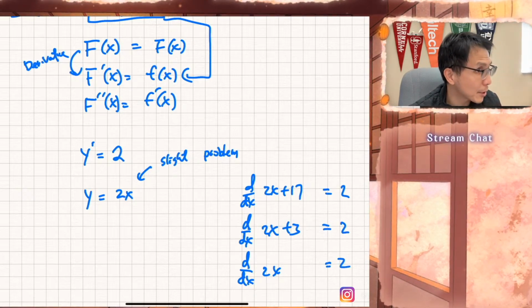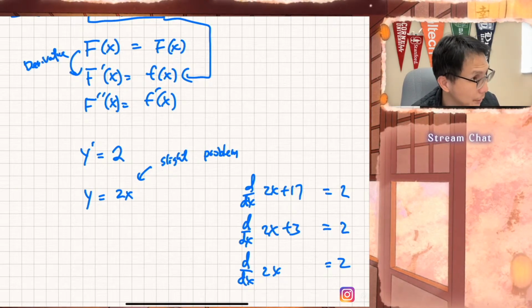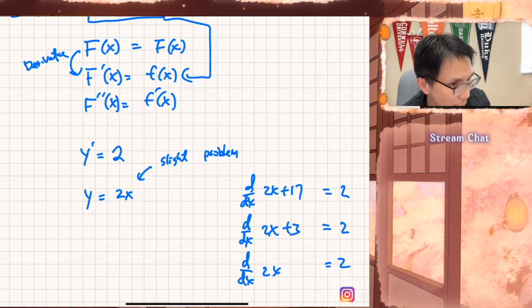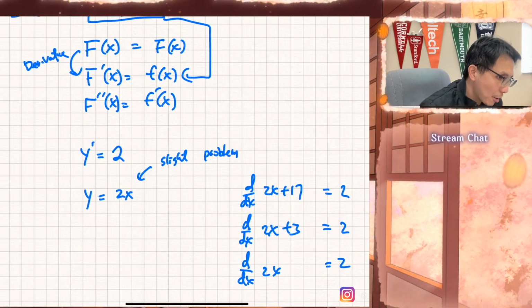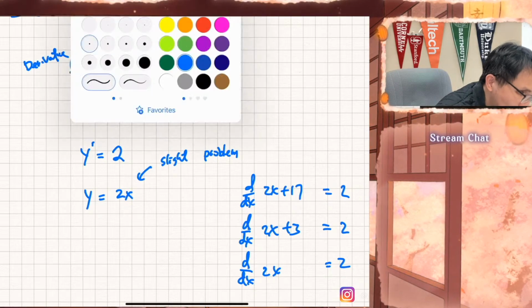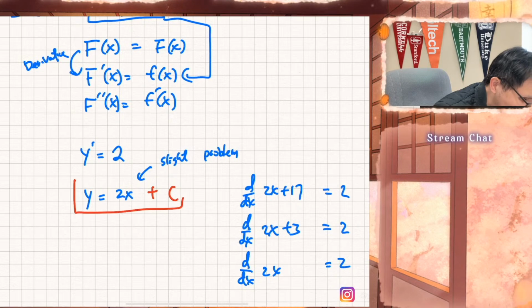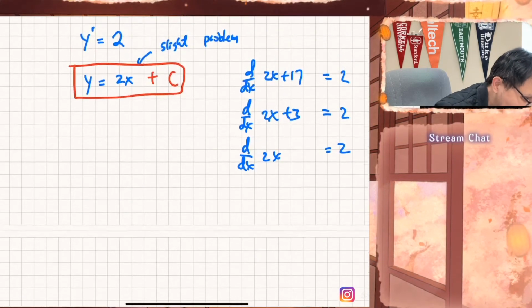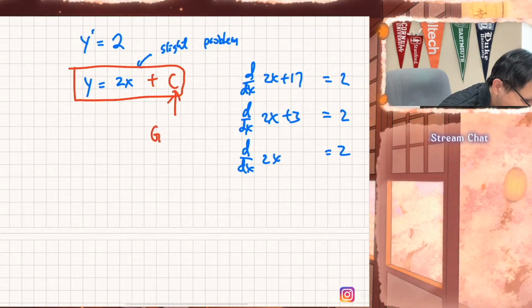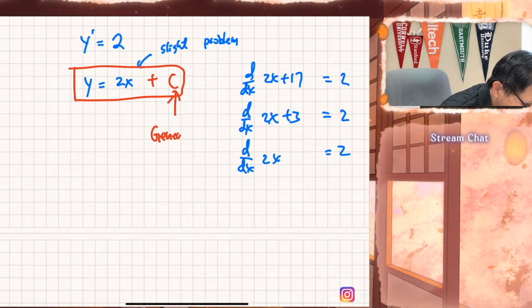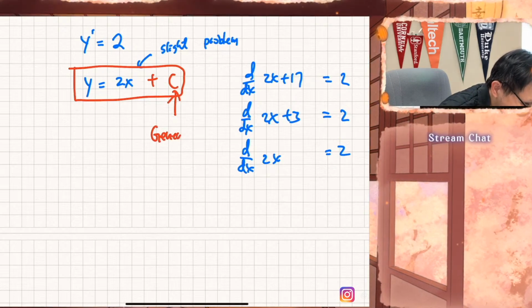It didn't matter because the derivative of 17 is 0, the derivative of 3 is 0, the derivative of 0 is 0. So it still ends up with 2. So we have to show that this one actually has to include something very important: that C has to be there. This whole thing is called general solutions.